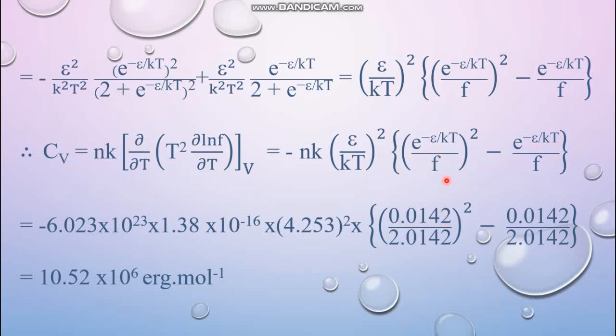Value of f also determined 2.04142, and here the same thing. Okay, and here is a square, whole square, and here minus the same thing without any square. Okay, and the overall calculation is 10.52 into 10 to the power 6 erg per mole. Okay, or in the SI unit 1.052 joule per mole. Okay, so this is the value of Cv.